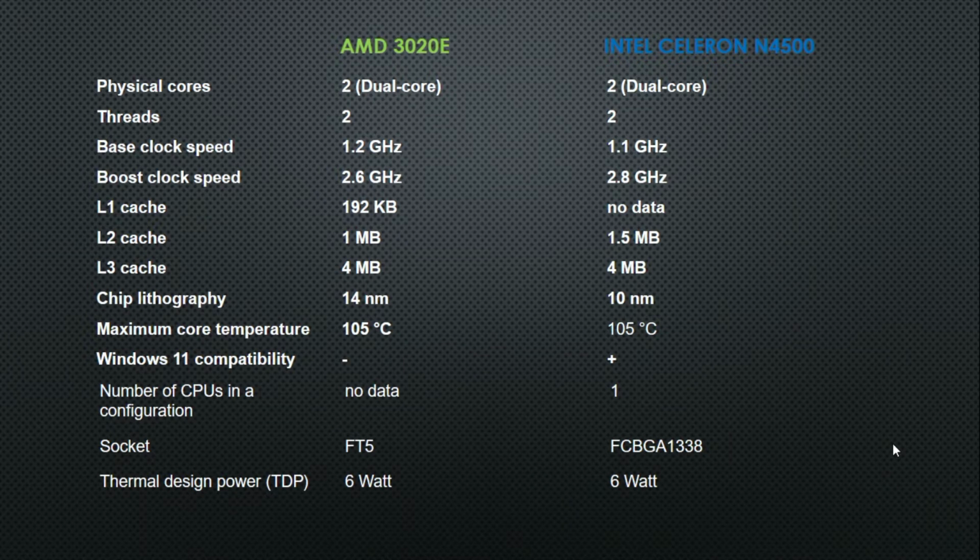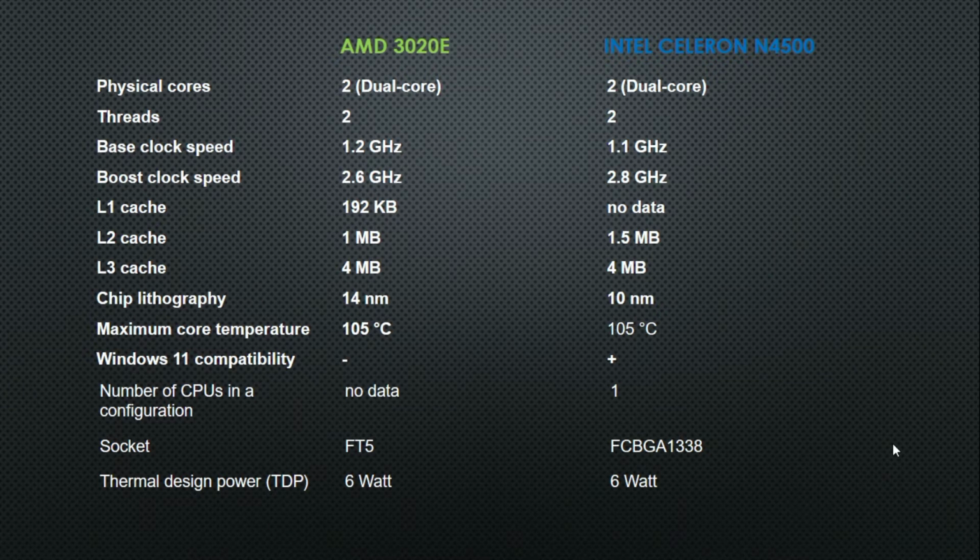For boost clock speed, the AMD 3020E has 2.6 GHz while the Intel Celeron has 2.8 GHz. For L1 cache, the AMD 3020E has 192 kilobytes while the Intel Celeron N4500 has no data. For L2 cache, the AMD has 1 megabyte and the Intel Celeron N4500 has 1.5 megabytes.